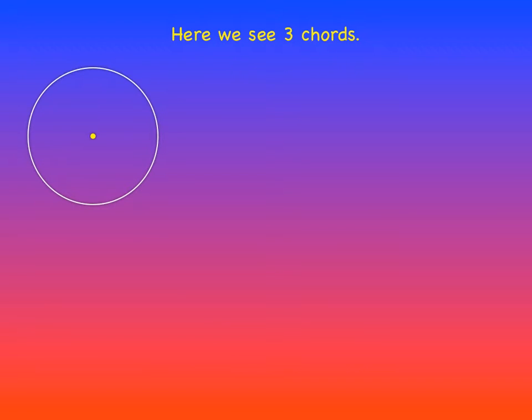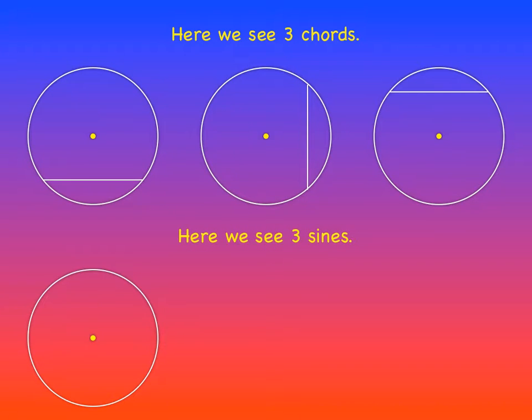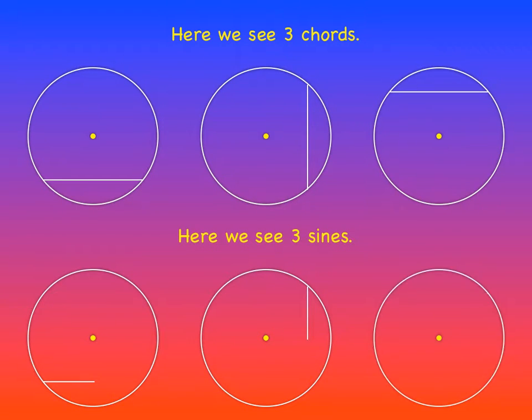Here we see three chords. Notice the line goes all the way from edge to edge of the circle. Now we'll see three sines. Starts off the same, but it stops halfway. So a chord will go all the way from edge to edge, but the sine stops halfway.